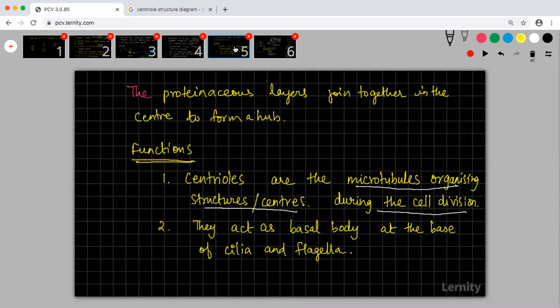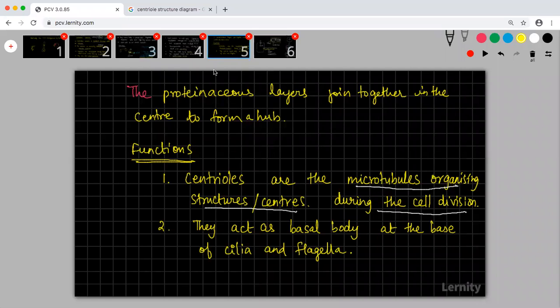Plant cells will have a different kind of organizing structure. The spindle fibers are organized in a structure called a microtubule organizing center, which is very distinct from centrioles. No, it's not Golgi bodies. Spindle fibers are formed differently from centriole.